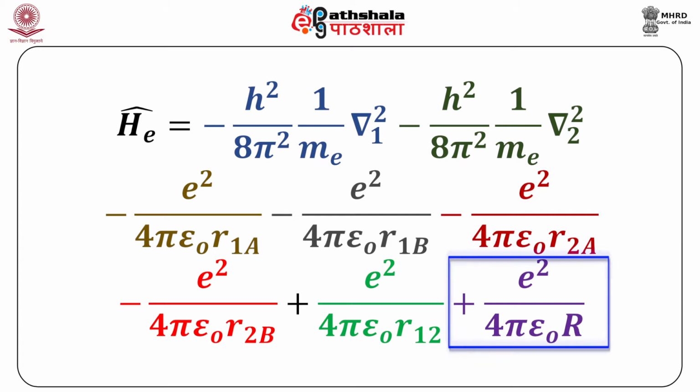R is the internuclear distance, which is fixed here because we are assuming nuclei to be stationary.